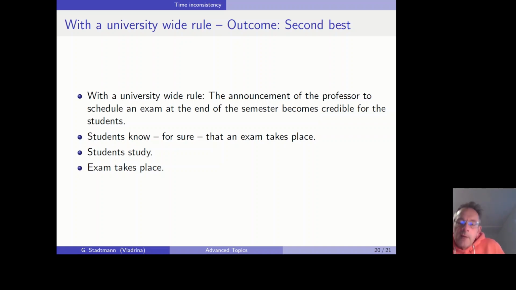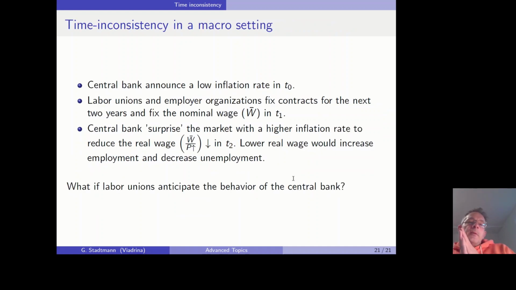What does this have to do with monetary policy? Where's the link to monetary policy? There's also a time inconsistency setting in macroeconomics, because the central bank might announce a low inflation rate in period 0. And then the labor unions and the employer organizations fix the wage contracts for the next 2 years, and they fix the nominal wage W in T1.